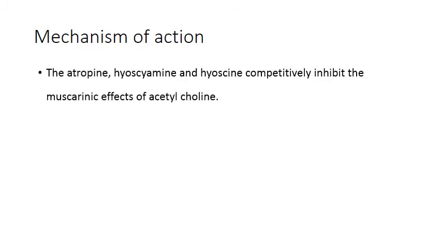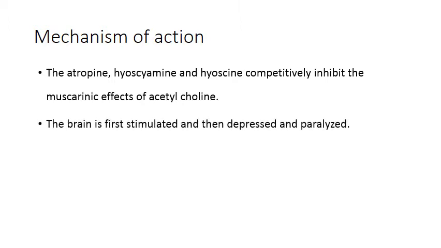Coming to its mechanism of action, Datura contains these alkaloids, that is atropine, hyoscyamine and hyoscine. These competitively inhibit the muscarinic effects of acetylcholine. That means, in short, they bring about an inhibitory effect on the action of acetylcholine.